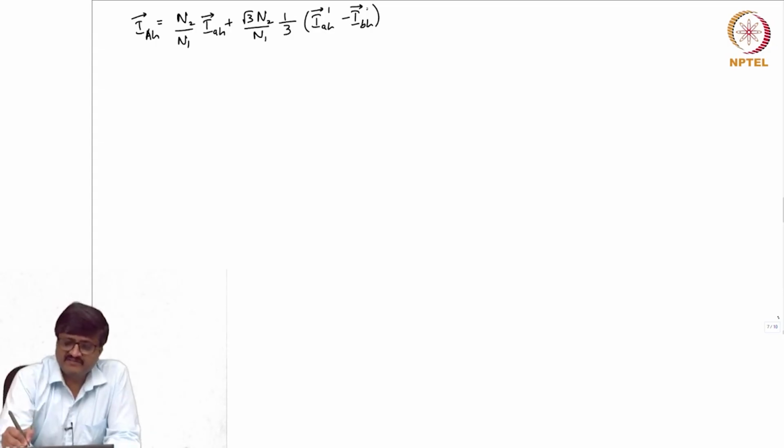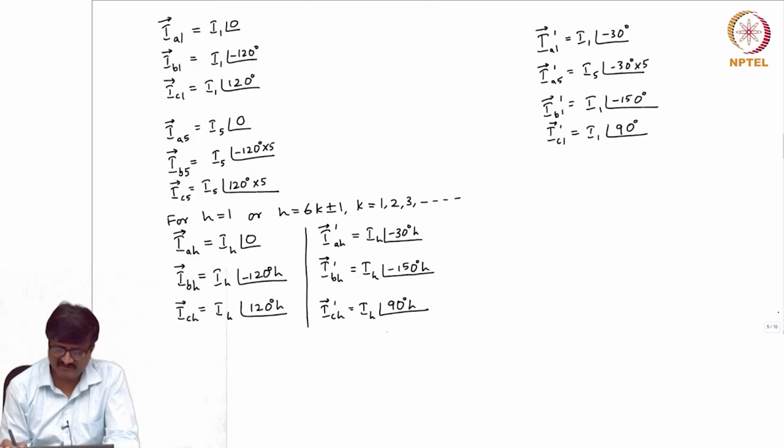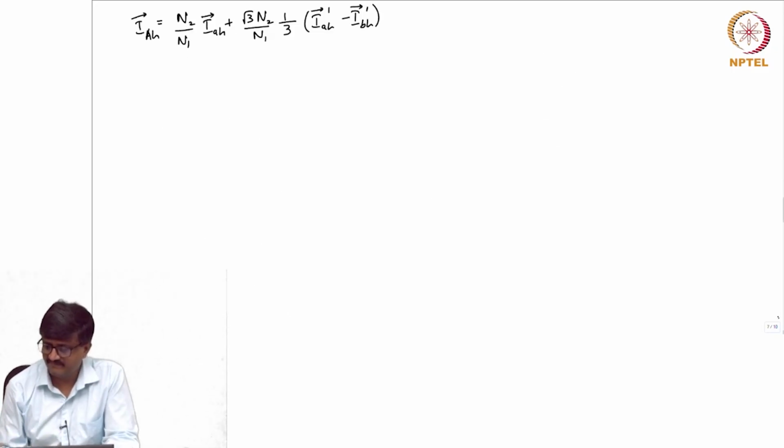Now, I have the expressions for these currents. IAH is IH at an angle 0, IBH is IH at an angle minus 120H and so on. So I substitute these expressions now.